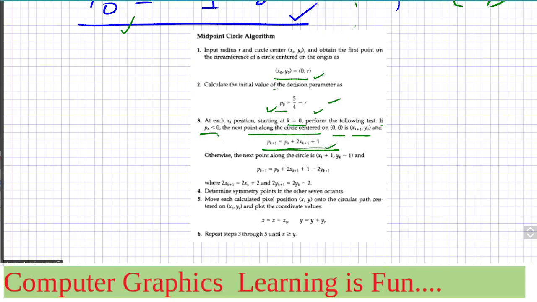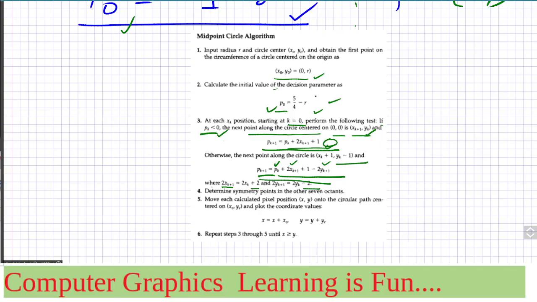If it is greater than or equal to 0, you will go for the other option where y will decrease, and pk plus 1 will be this value. So, here you will see the value of pk as well as 2xk plus 1 and 2yk plus 1. In the last case, it was the pk itself, and the y value was not included. Very simple. You can calculate the value of 2xk plus 1 by addition of 2 and 2yk plus 1 by subtraction of 2.